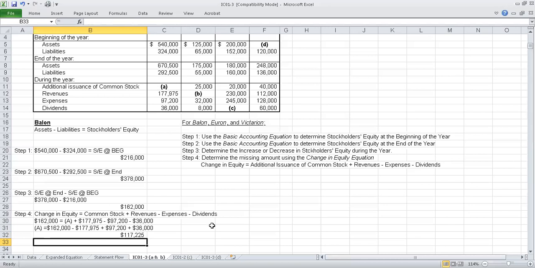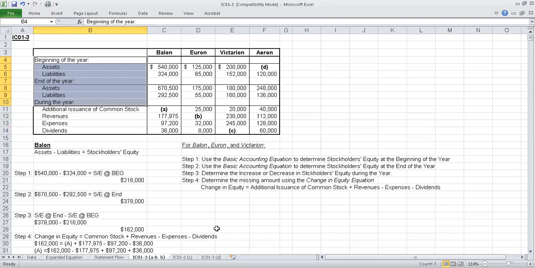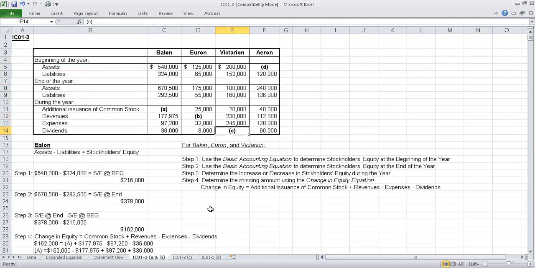So this is a nice little exercise because it really ensures that you understand how the financial statements link together. This is the income statement, revenues minus expenses, net income minus dividends. That's the retained earnings statement. And then this is the balance sheet. So solving for B and C would follow a very similar process.